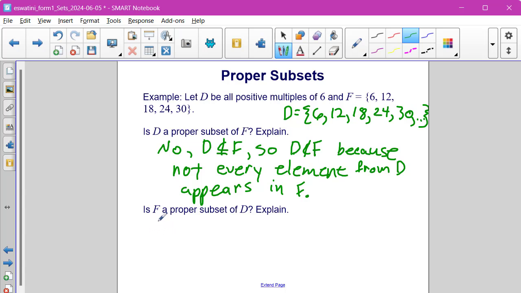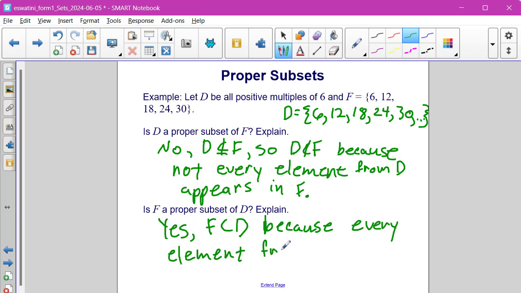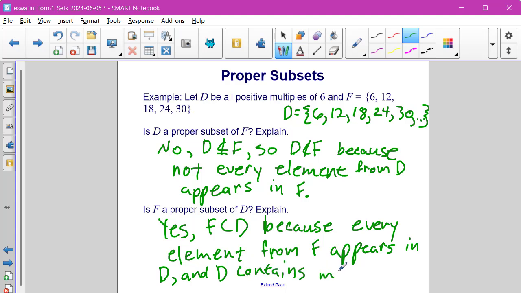So therefore, yes, F is a proper subset of D, because every element from F appears in D, and set D contains more elements.